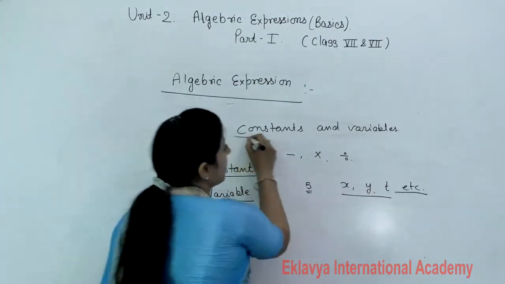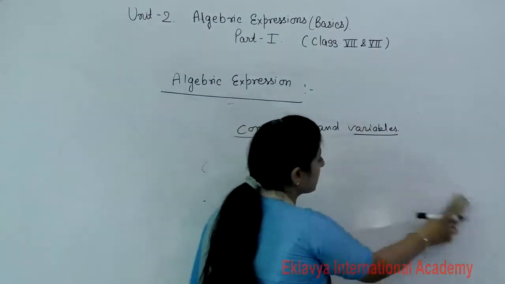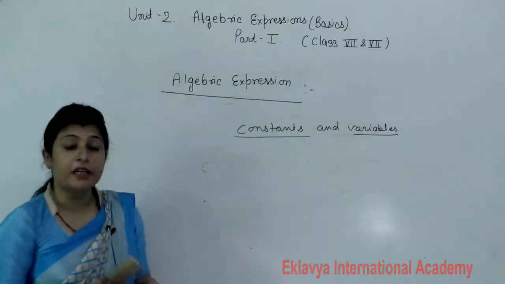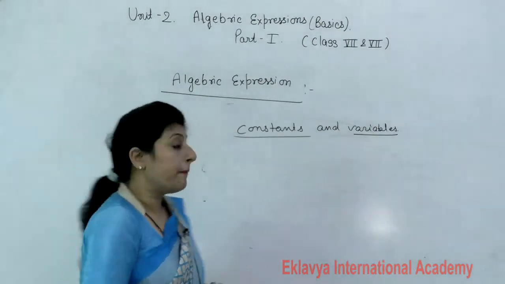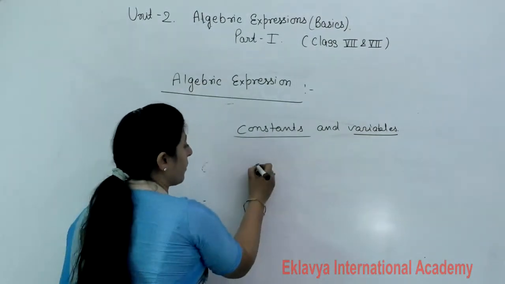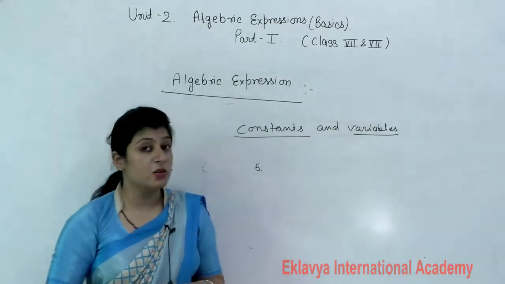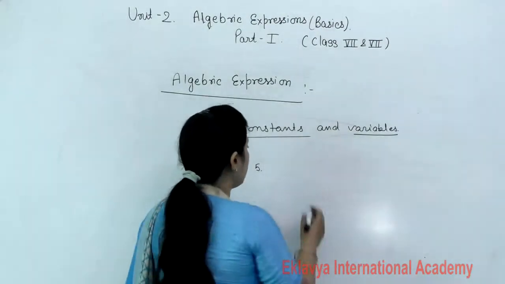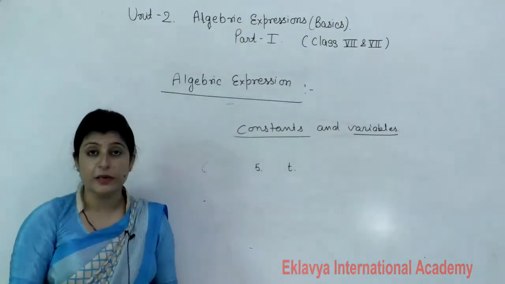Then after the constant and variable, using these we make the terms. A term may be only a number; if I write down 5, this is also a term. If I use only a variable, suppose t, this is also a term.